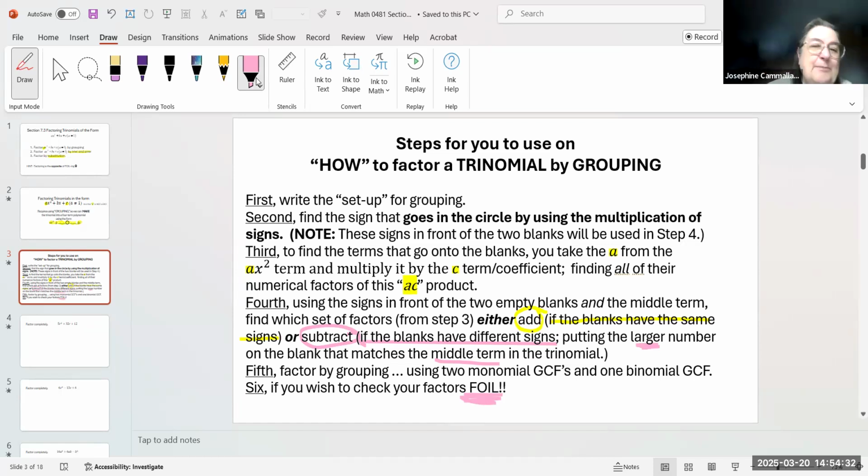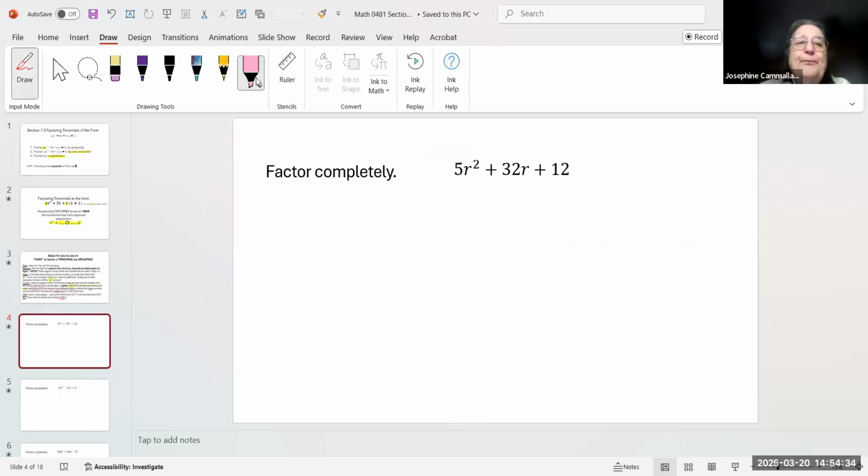So let's begin. Okay, right away, I notice that I have a 5. Now, notice the word factor. Now, that 5 is odd. Can I divide 32 by 5?